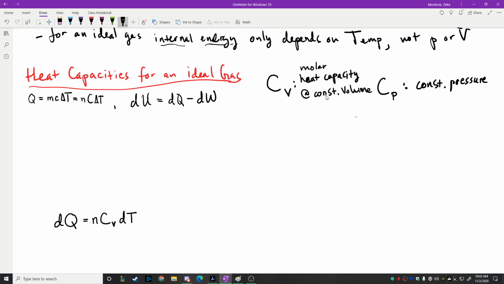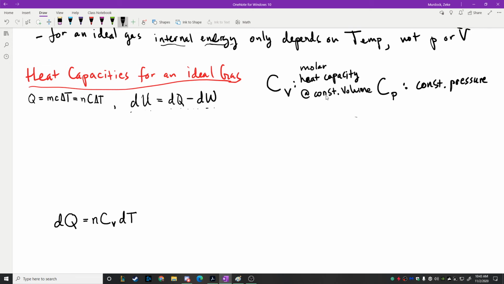So that's the first law, right? So as far as molar heat capacity goes, if we think about constant volume, what happens to this equation here when we talk about constant volume? What can we say about it? Are any of the terms zero if the volume is constant?